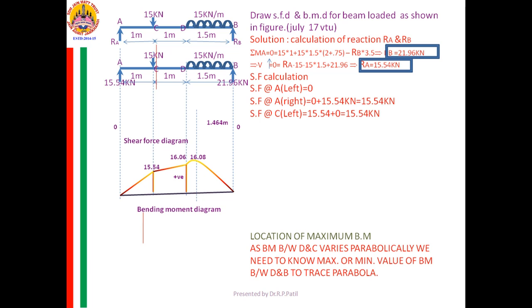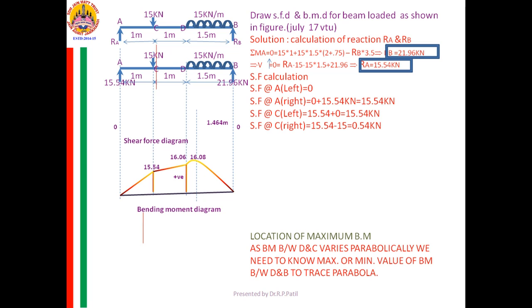This 15.54 minus 15 will be the SF at right of C. If you want, you can check it. If you are having the calculator, I will tell you the calculation, you tell me the answer. Left of C, right of C.